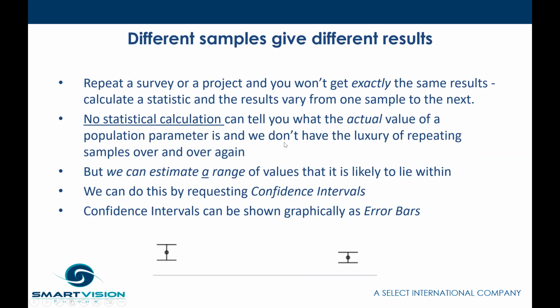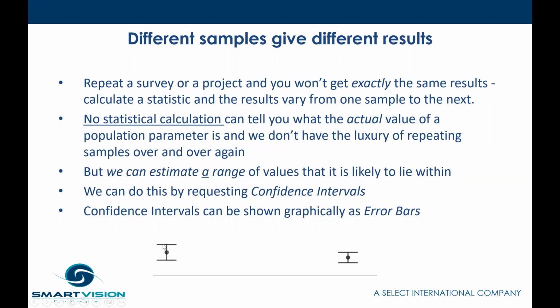And we don't have the luxury of repeating samples over and over again. But it turns out we can estimate a range of values that it is likely to lie within, okay? Or we have a method to try to capture it. And we can do this by requesting confidence intervals. Confidence intervals are shown graphically as error bars. This is what they look like graphically, where the mean is a little circle. That's the average for two groups.